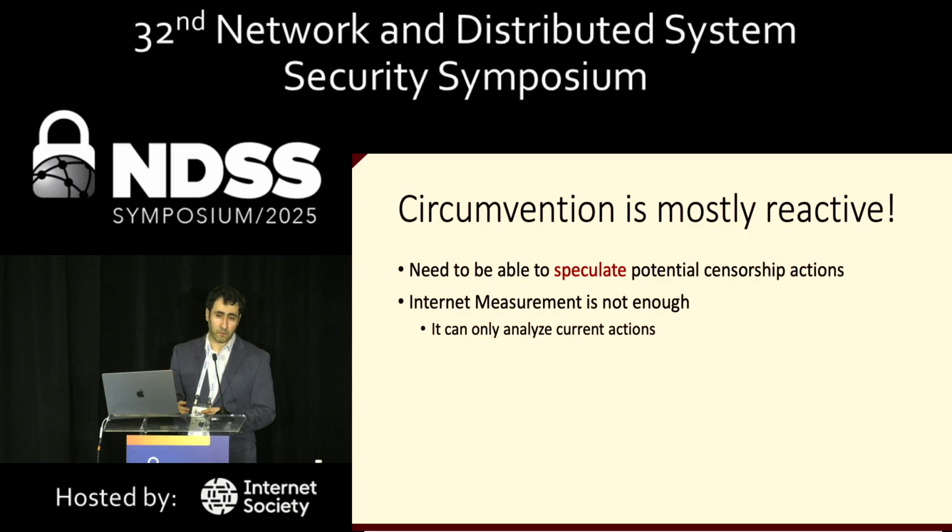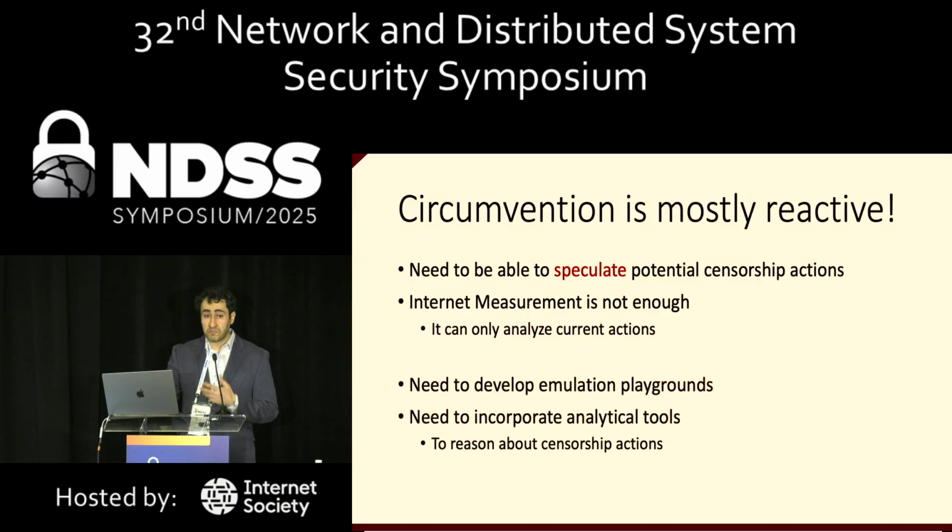First of all, like I said, the main tool the community uses is internet measurement, and measurement can only measure things that exist. With measurement, you can only measure the existing forms of censorship. But what if you have a new version of Shadowsocks and you haven't even rolled it out? How do you know how it might get blocked? Therefore, to be able to do proactive circumvention research, we need to build new playgrounds for censorship research.